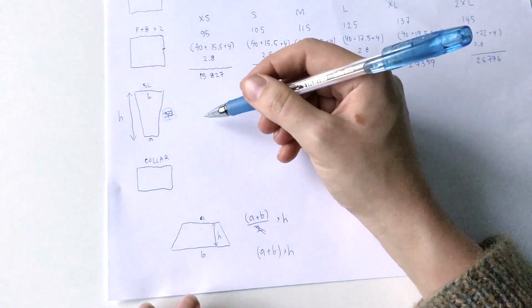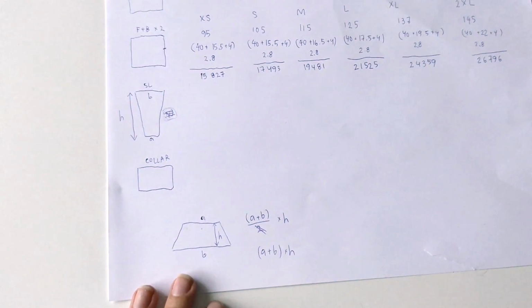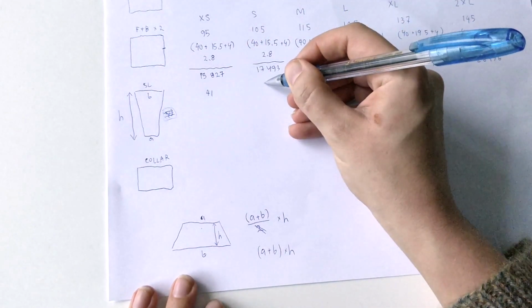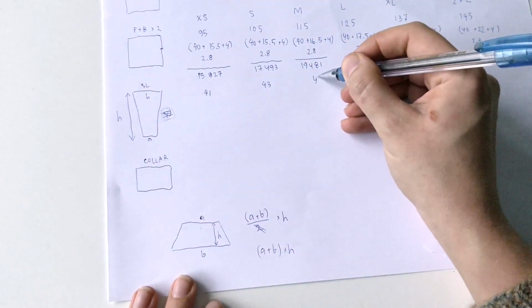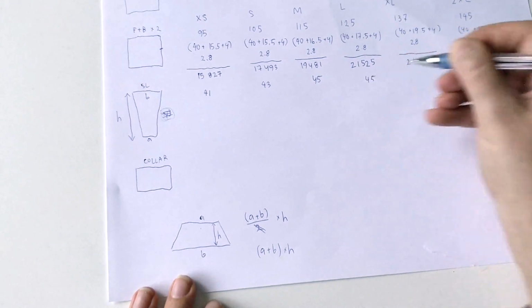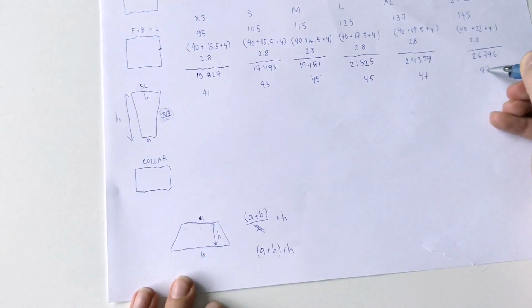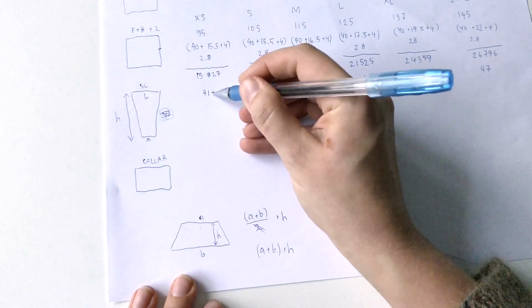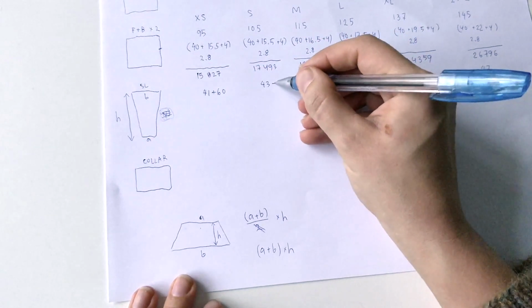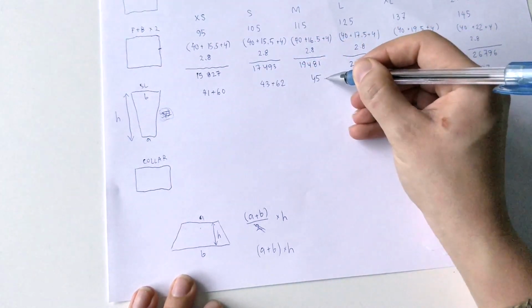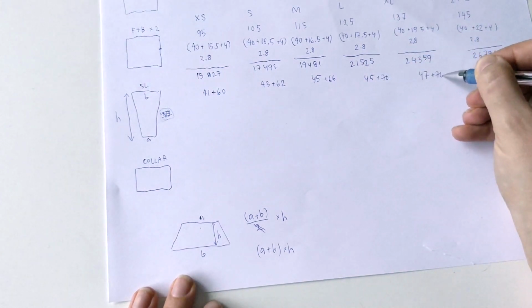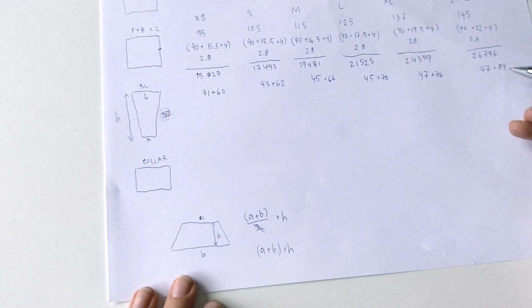So over here, for the sleeve, I'm casting on 41 stitches for the smallest size, 43, 45, 45, 47, and 47. And after all the increases, I'm ending with 60 stitches, and 62, 66, 70, 76, to 84.